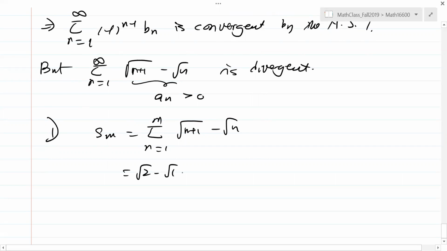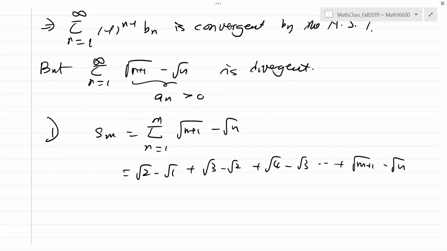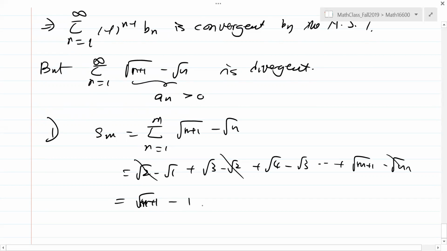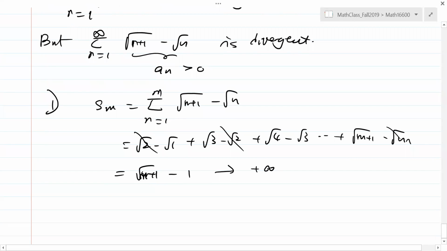It's going to be square root of 2 minus square root of 1, plus square root of 3 minus square root of 2, plus square root of 4 minus square root of 3, and so on, up to square root of m plus 1 minus square root of m. As you can see, all the terms will be cancelled out. Square root of 2 cancels out, square root of 3 cancels out, and even square root of m cancels out. So you get square root of m plus 1 minus 1, which goes to positive infinity. Therefore, it is divergent.